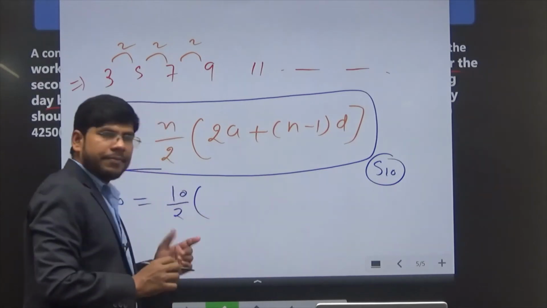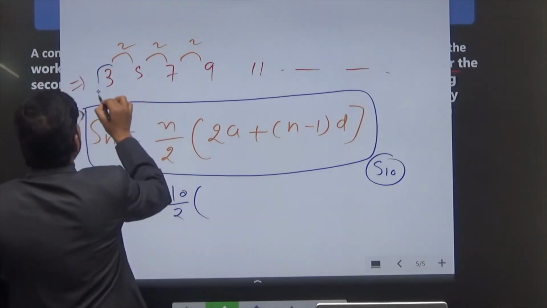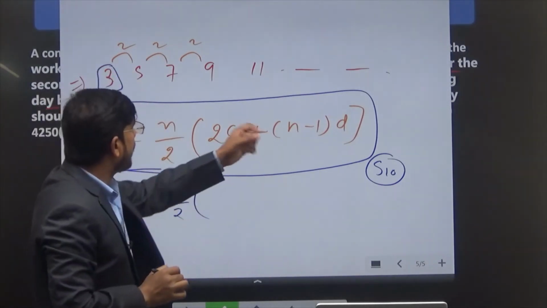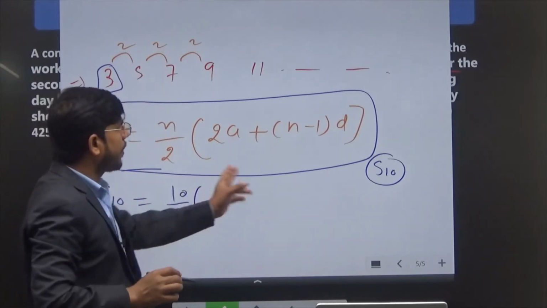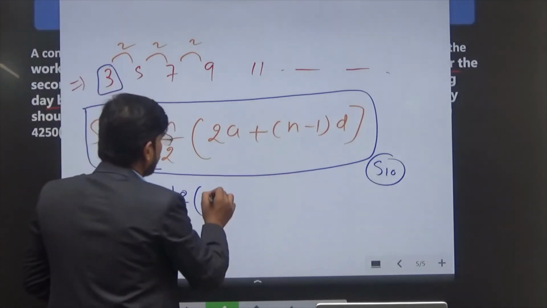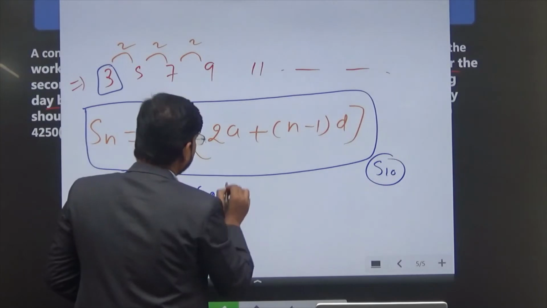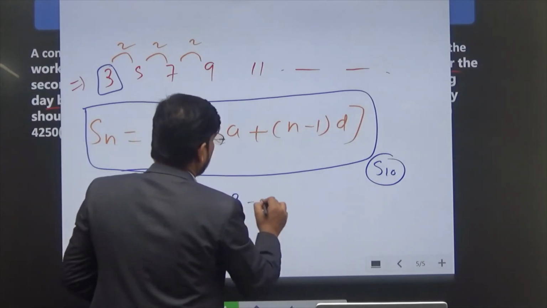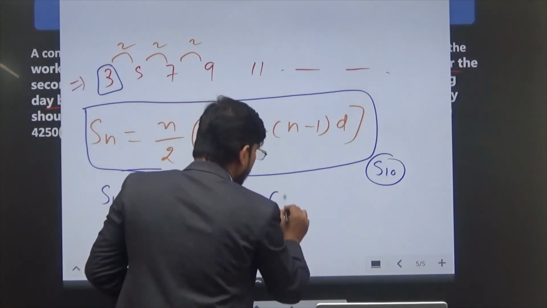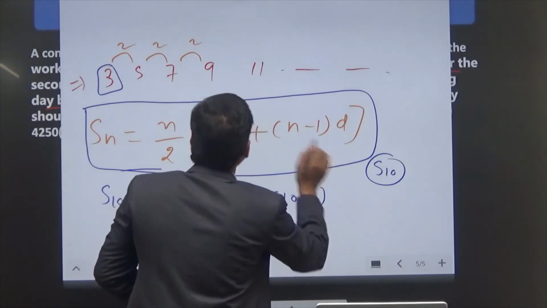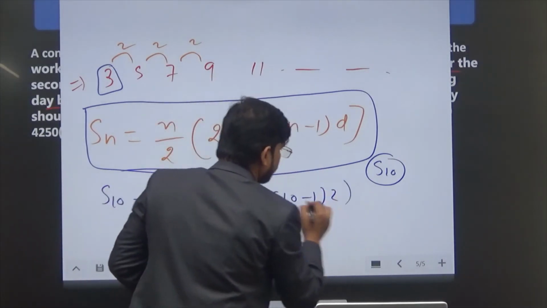And what is the first term? First term is 3, and the value of d will be 2 because the common difference is 2. So 2 into a, 3, plus n minus 1, 10 minus 1, into d, common difference is 2.